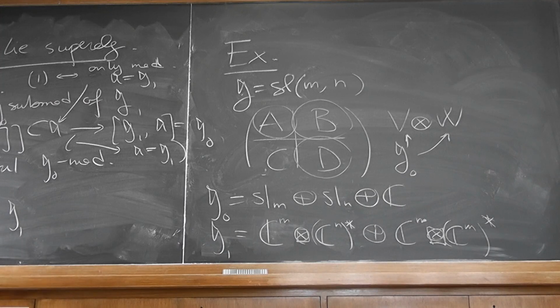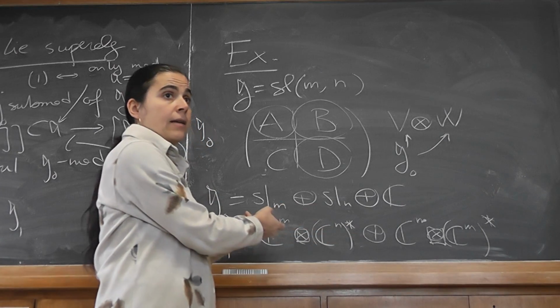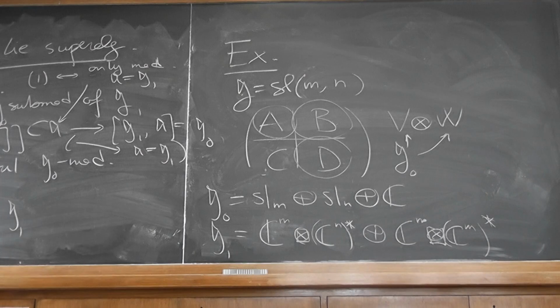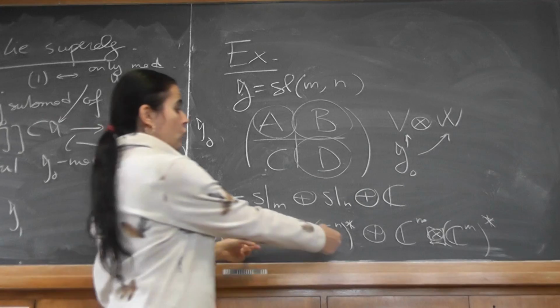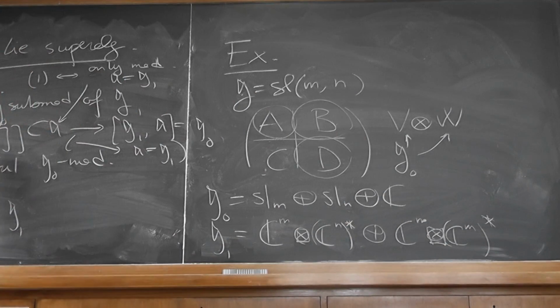But if these are irreducible, you have only two candidates to check. And then you check that this condition is not verified for neither of them. So you should verify for every G0 submodule of G1 this condition. You have two possibilities, this one and this one, but none of them satisfy this first one.